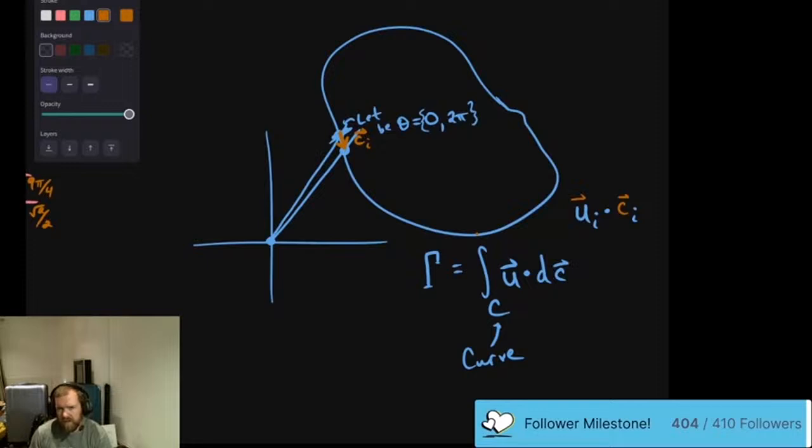So this means that we're doing from 0 to 2 pi, in order to go around the whole thing.